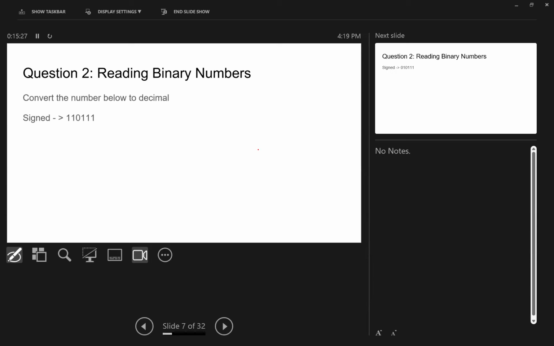And the absolute result should be 2 to the 4 plus 2 to the 2 plus 2 to the 1 plus 2 to the 0, and the result should be 23. And that's the absolute value for this number, right? And since we have MSB as 1, the final result should be negative 23. Is it clear?